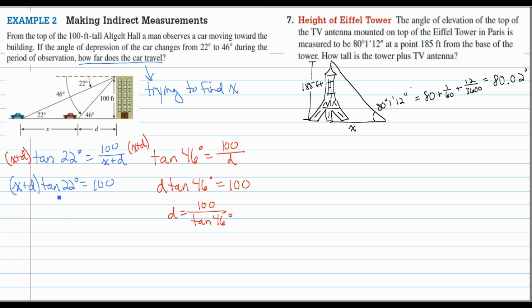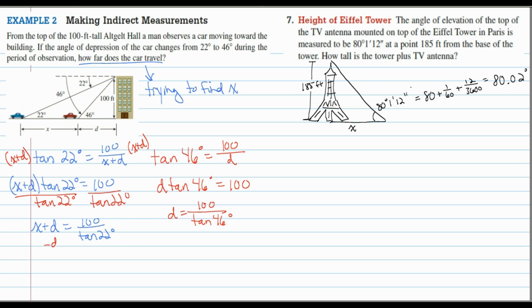Now I can distribute. Nope, I'm actually going to divide both sides by the tangent of 22 degrees. Why would I make that even messier than it should be? So now I have x plus d equals 100 over tangent of 22 degrees.